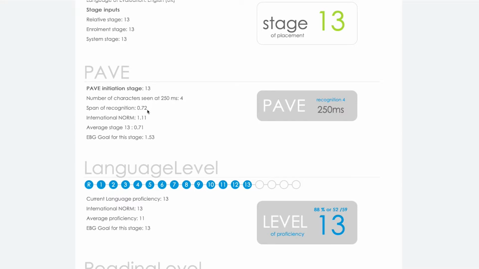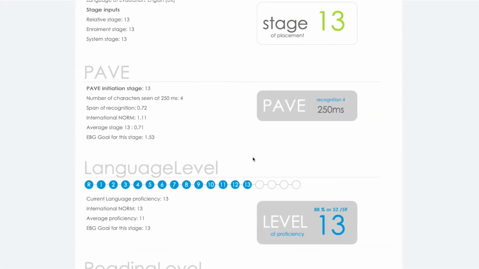And then we also look at the average for this stage on the system, and then the goal that we have for EBG. So EBG's goal, you will notice, is always a little bit higher than the international norm, so that when you have started using this, we know that you will be on par and even higher than is expected in your school environment, learning environment, or even in your work environment.